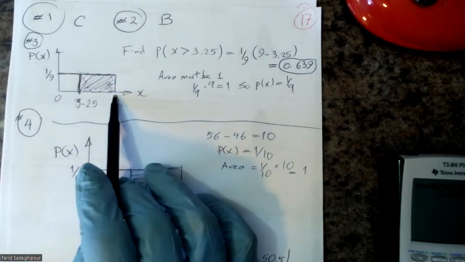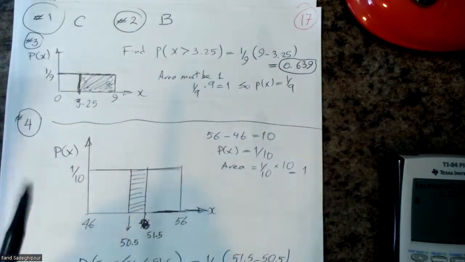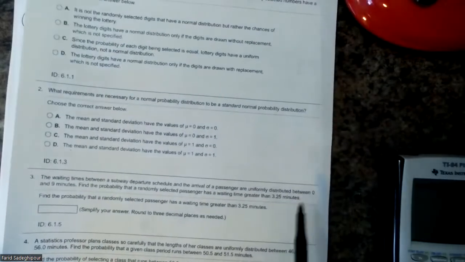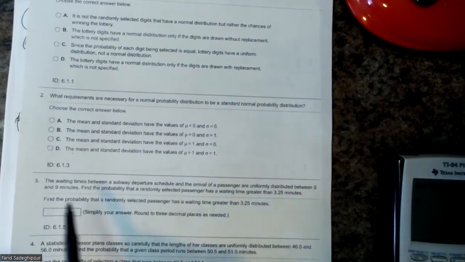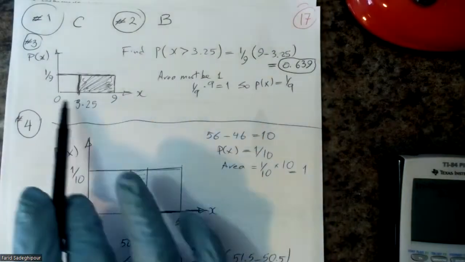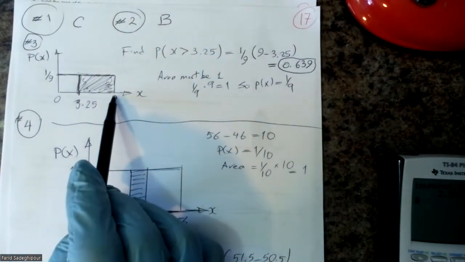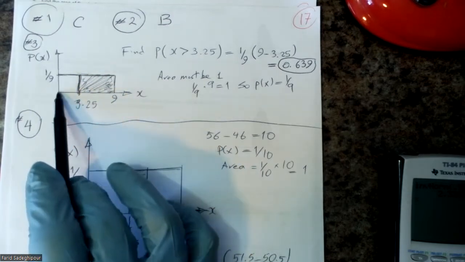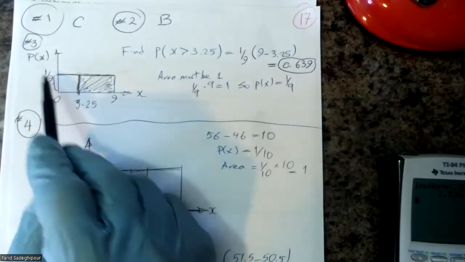Again, remember, this 9 here is said to be uniformly distributed between 0 and 9 minutes. Means this 0 and 9 are given. So if 0 and 9 are given, for this rectangle, if this distance is 9, then this height from here to here has to be 1/9.